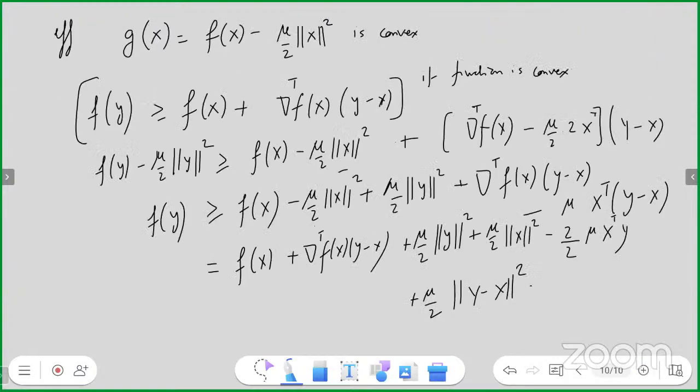You can try to interpret for yourself. What does it mean intuitively? Can it go slower than x square? Let's just put it that way. Can a strongly convex function go slower than a quadratic function?